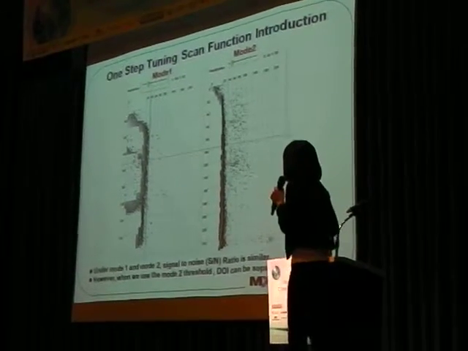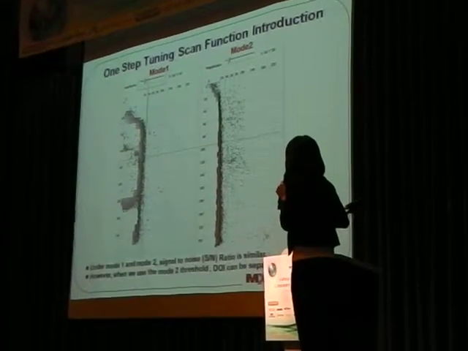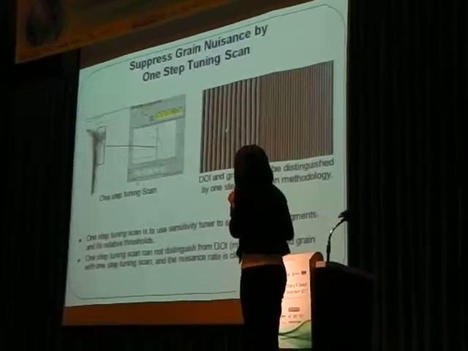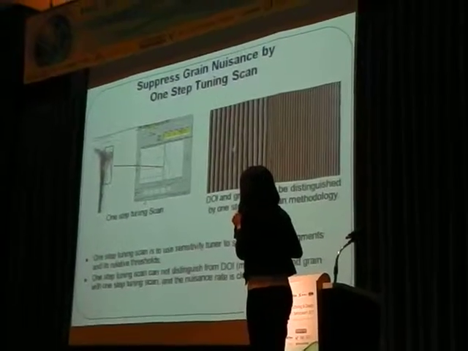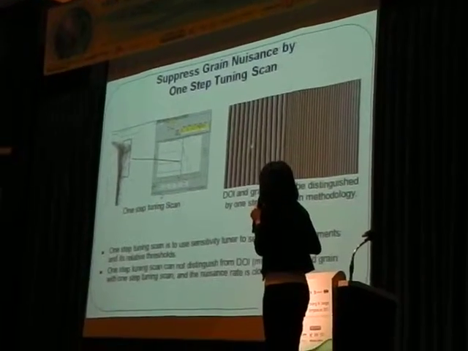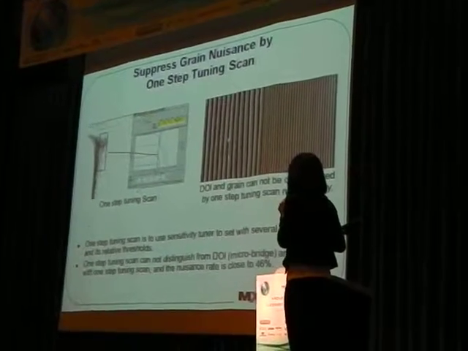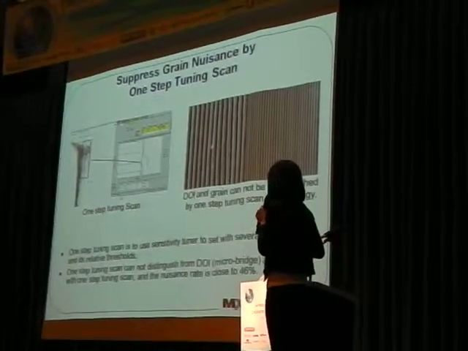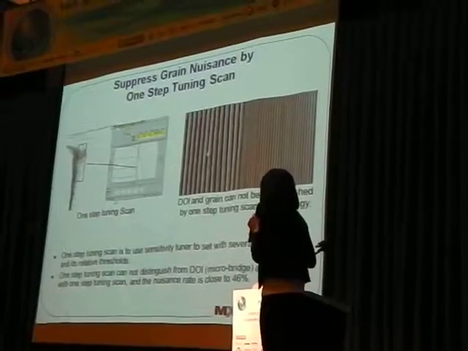And for these 2 examples, if we choose mode 2, we will gather more DOI. And on here, even if we set the segment ratio bar on this example, we can see the grayscale has both the nuisance and the DOI. And we see we cannot distinguish the DOI and the ground with the one-step tuning scheme. And on here we gather the nuisance ratio is close to 46%.